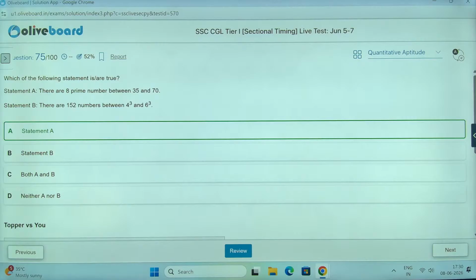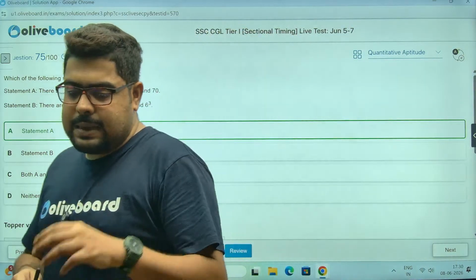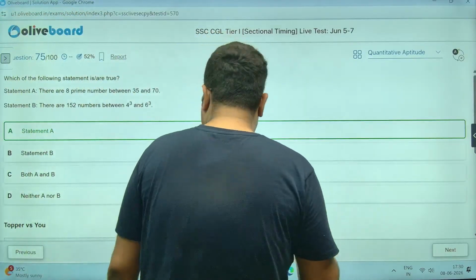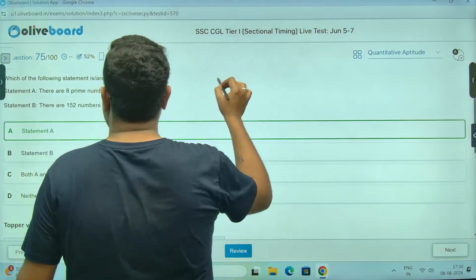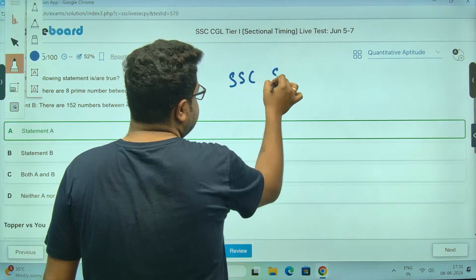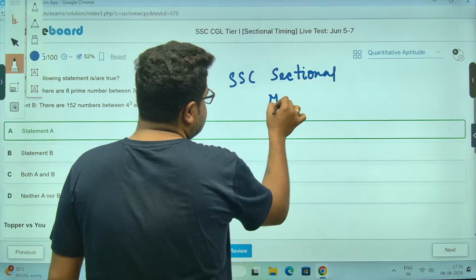Acha, if it is done, let me just say a couple of things to you guys. First of all, we have launched the SSC sectional mocks, okay? SSC sectional mocks. Why am I saying this?